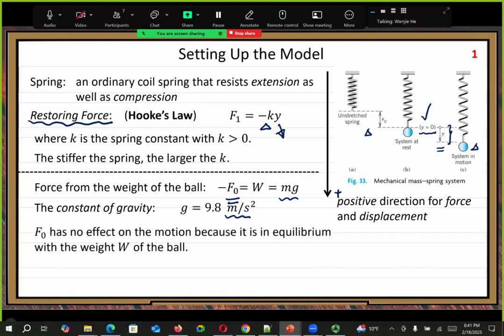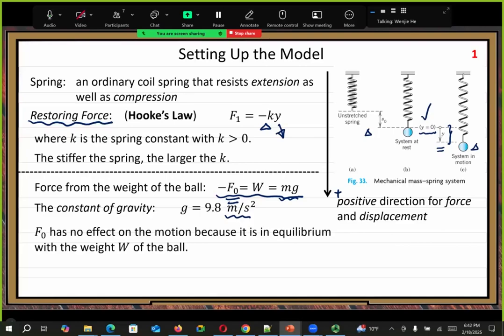Although F0 follows this formula, when we look at the whole system, F0 has no effect on the motion because it is in equilibrium with the weight W of the ball. In any position of the ball, F0 stays the same, from beginning to end.